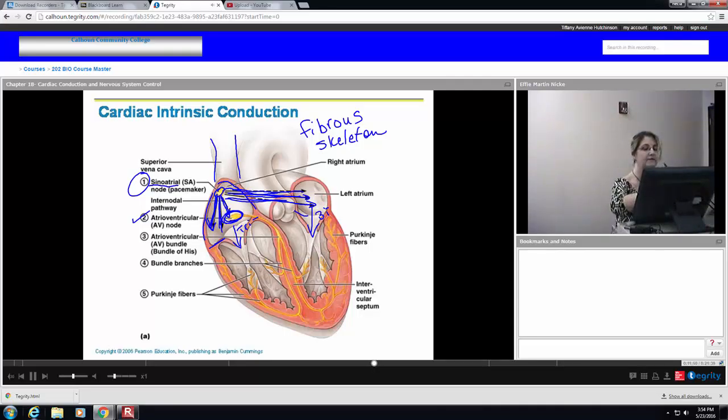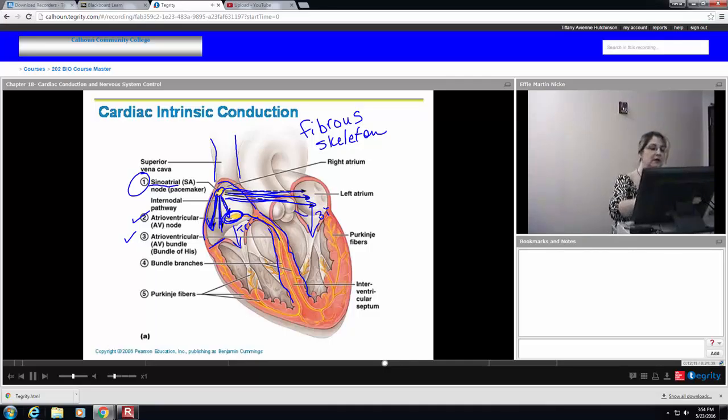From the AV node, the stimulus is going to pass through the atrioventricular bundle, number 3 on our pathway. As this is happening, you've got the interventricular septum, which is myocardium between the ventricles and separates the two chambers.